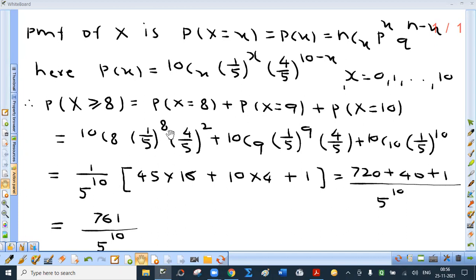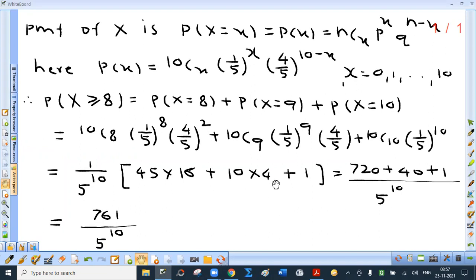In bracket, 10C8 is 45, 4 square is 16. 10C9 is 10 into this 4 and 10C10 is just 1. So it is 761 upon 5 raised to 10.